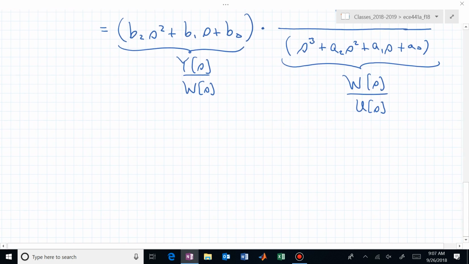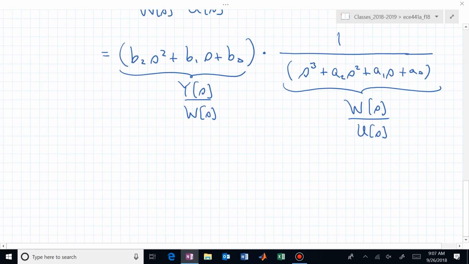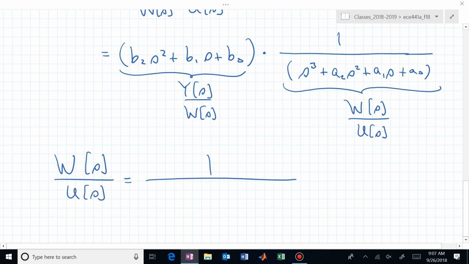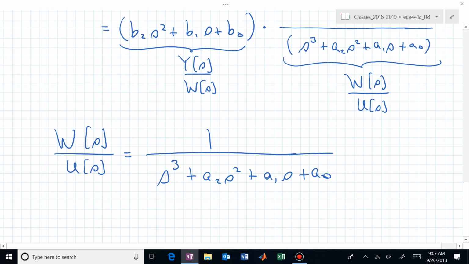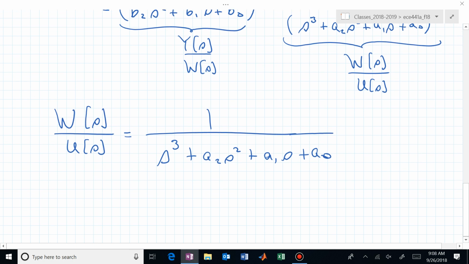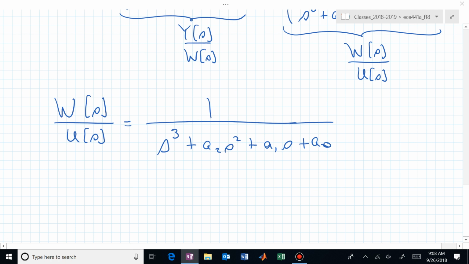If we now isolate our attention on the rightmost relationship, we can see that w of s over u of s is equal to 1 over s cubed plus a sub 2 s squared plus a sub 1 s plus a sub 0. And I would like to think that after Monday's discussion, you now have maybe in your mind how you could write that in the time domain.